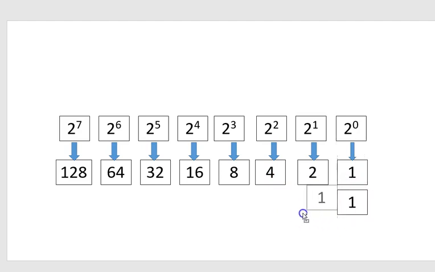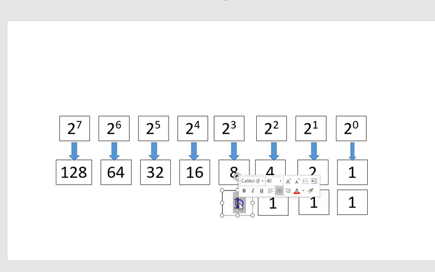So we can only have 1, 2 in this little holder there. If I have 4s, I can't have an extra 4 because if I add an extra 4, I get up to 8. And I have to overflow into the next column. If I have 8 here, I can't have another 8, because 2 8s will take me up to that column. So you could only have one or none of each of these values in each column. So this might have no 8s, in which case you put in a 0. This might have no 2s, in which case you put in a 0. And that gives you your binary number.